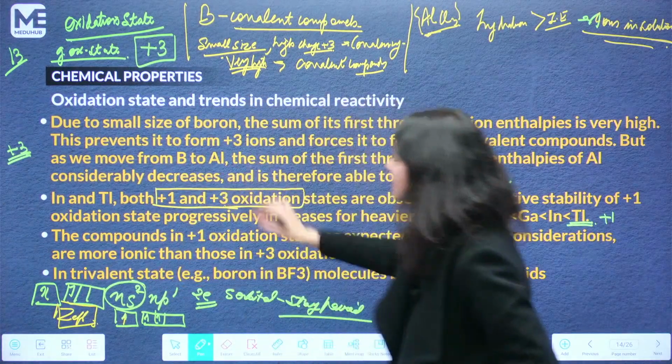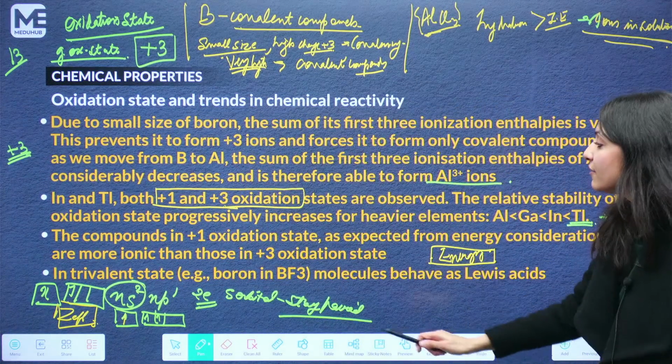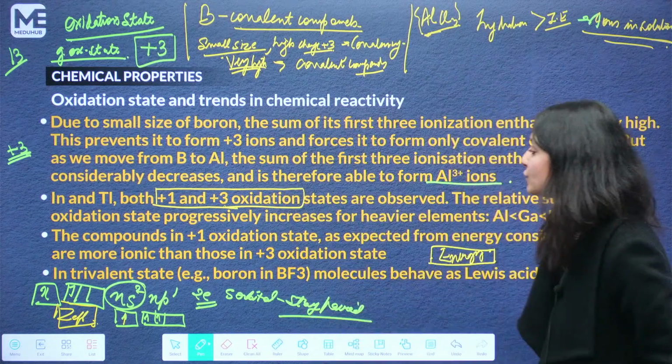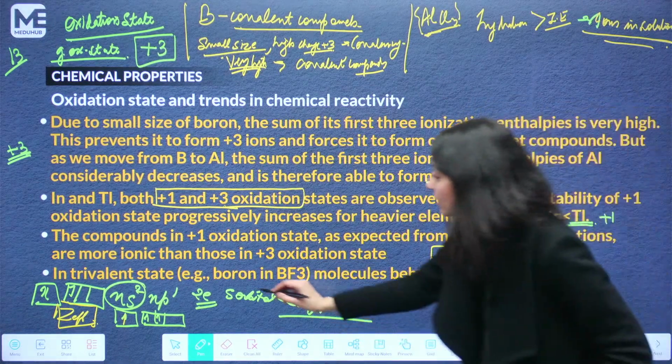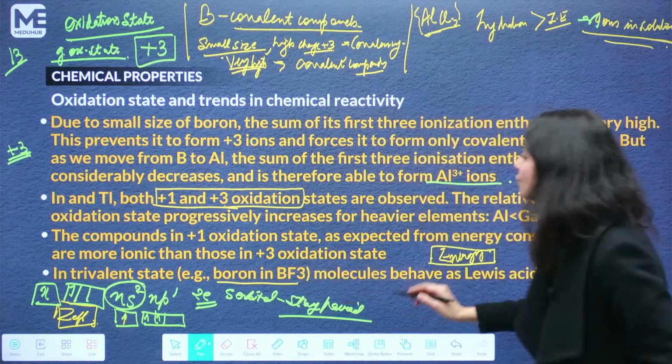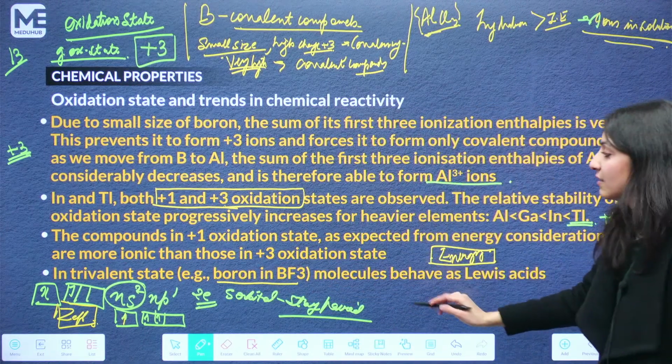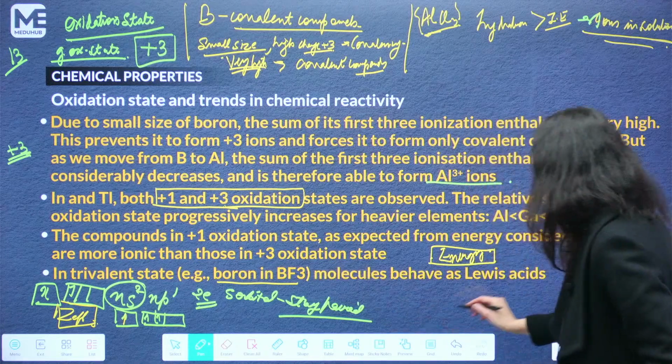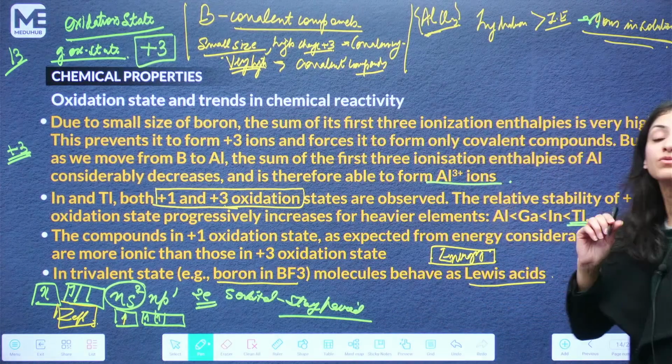Right. So this is the inert pair effect. Now another very interesting thing in the chemical properties of group 13 is boron. So boron in its trivalent state, for example in BF3, behaves as a Lewis acid. This is what we were talking about.